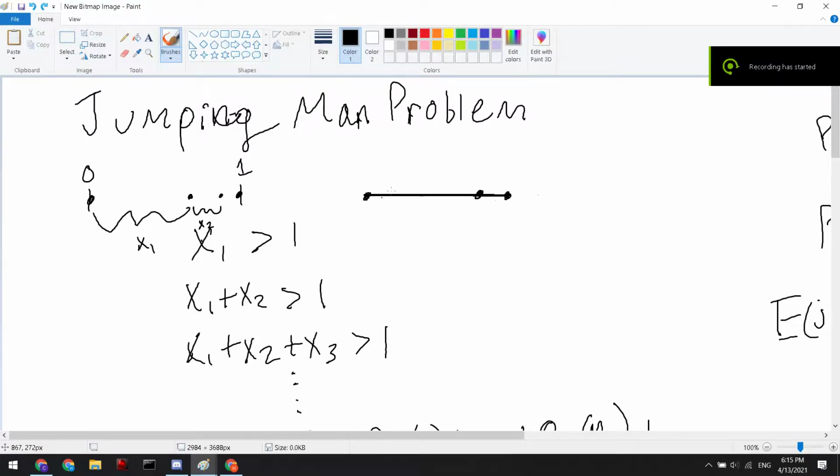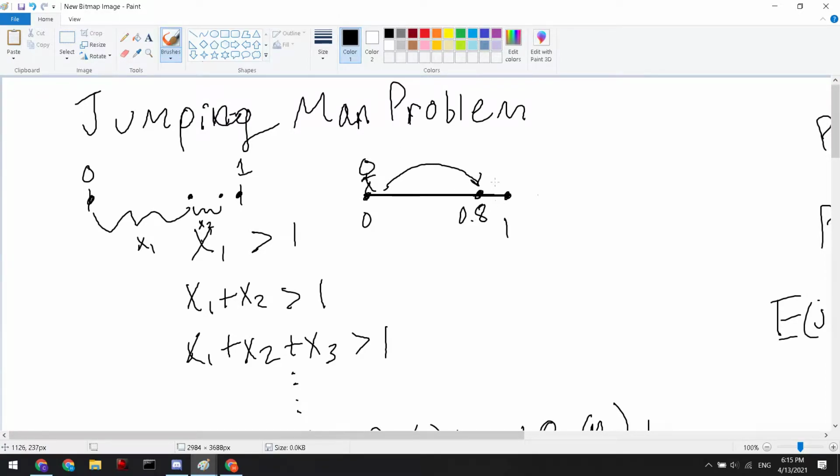Alright, this is my jumping man problem. So the idea is that you have a guy who sits at the number line, and he's jumping a random distance between 0 and 1. And what he does is, so let's say he lands all the way over here. So he has a good jump, 0.8.